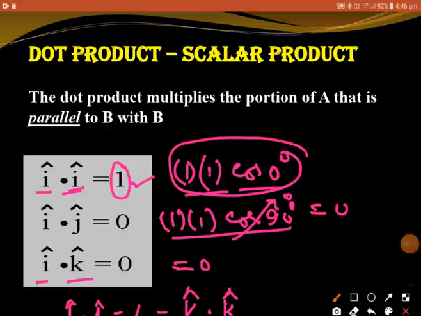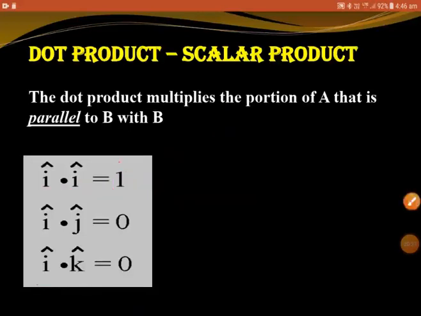That means the dot product multiplies the portion of that vector that is parallel to the other vector. Let me remove this and do it again.